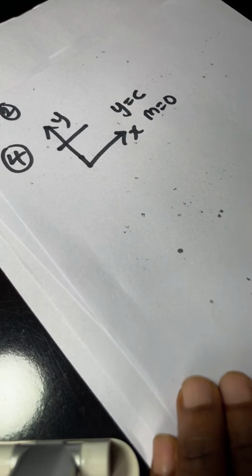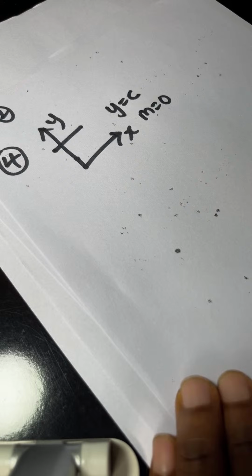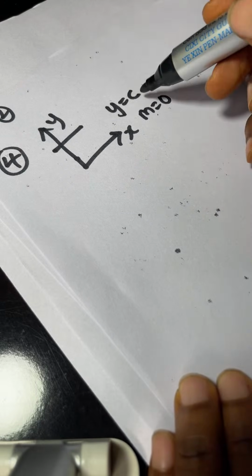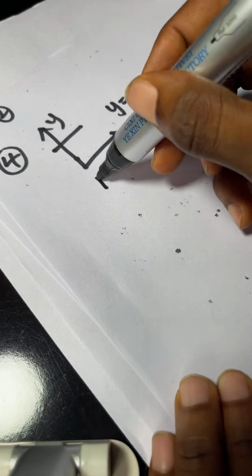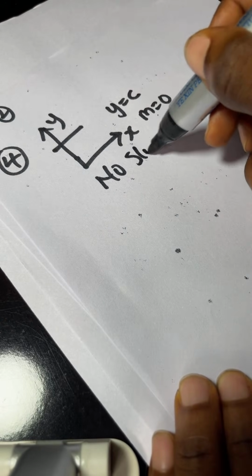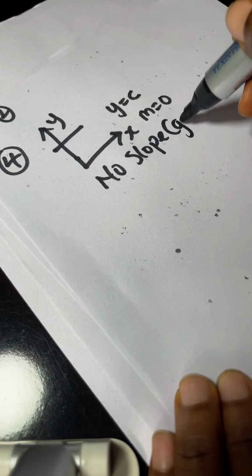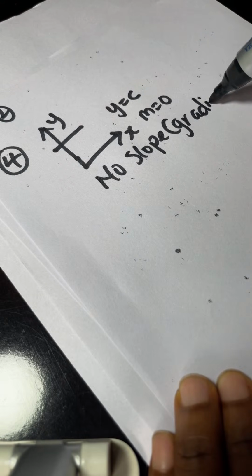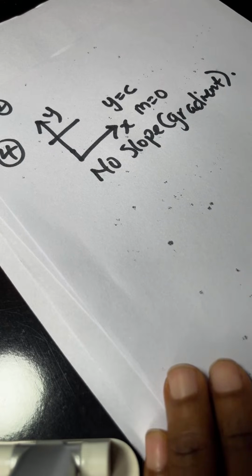Note, you'll be asked in the exam, so all these cases you need to know them. Your m is equal to 0, automatically your y will be equal to c, meaning that there is no what? No slope, no gradient. So that's for this other guy.